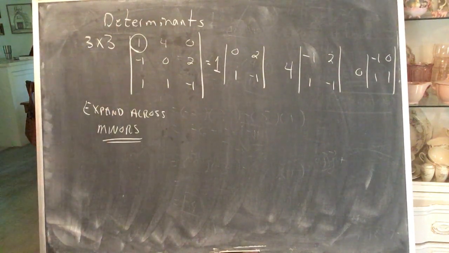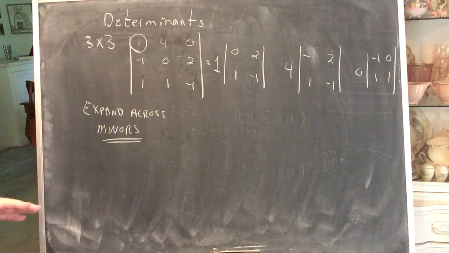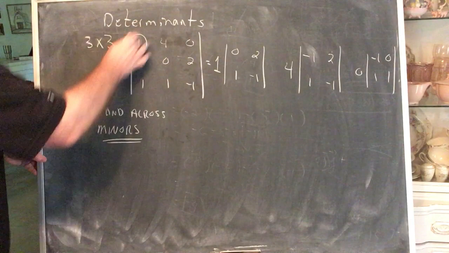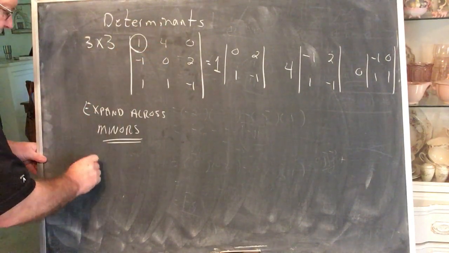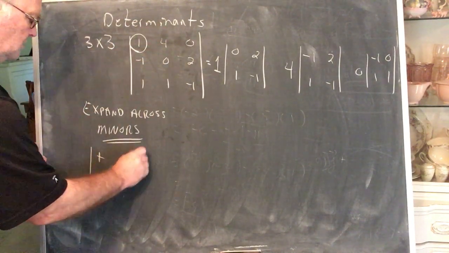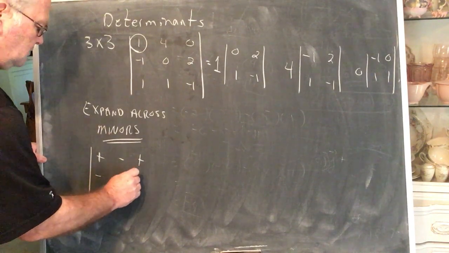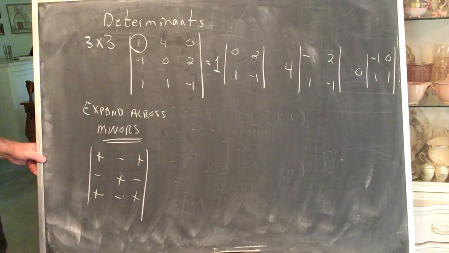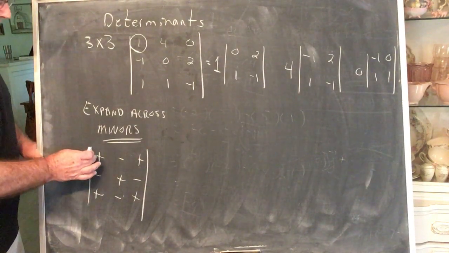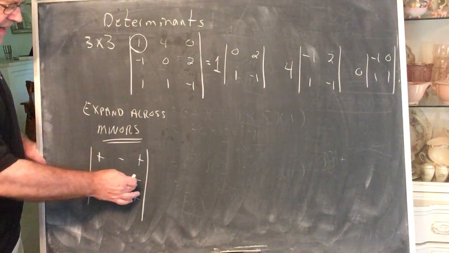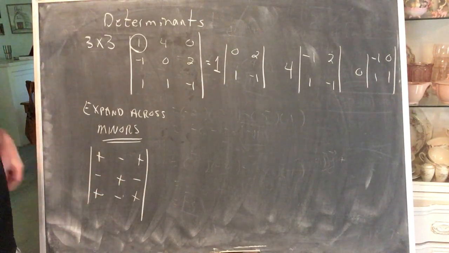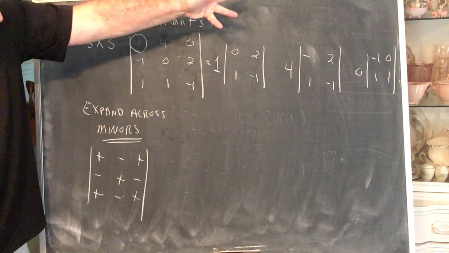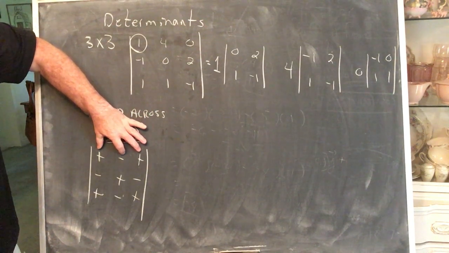And now, there's another little detail we need to work out. Where this comes from is something in linear algebra. There's the system of signs. It's a checkerboard arrangement of positives and negatives. Positive, negative, positive, negative, positive, negative, positive, negative, positive. The sign of each of these expressions is determined by this grid.